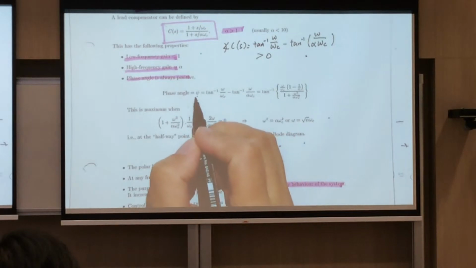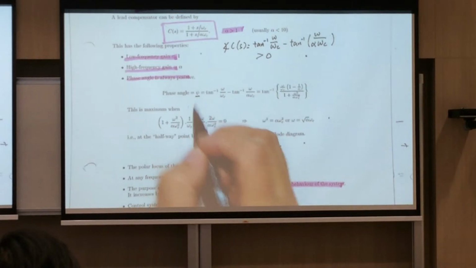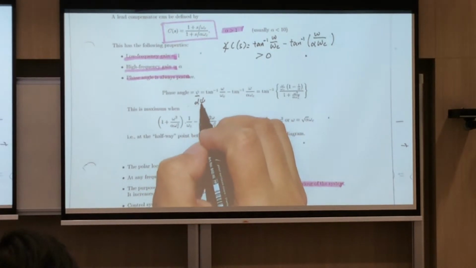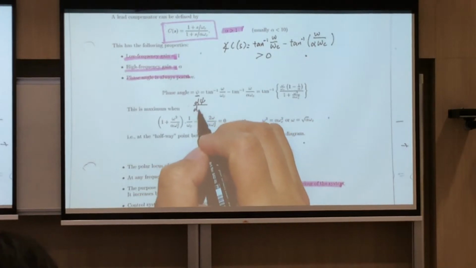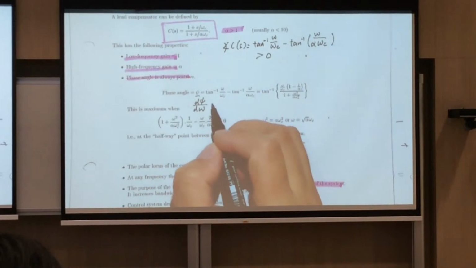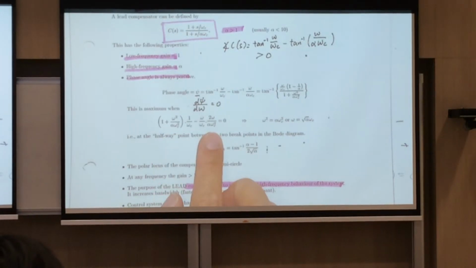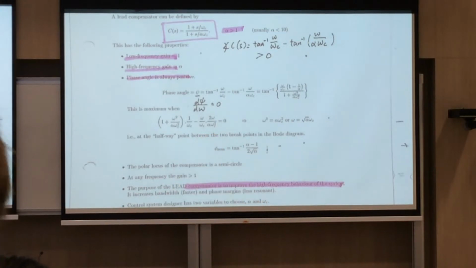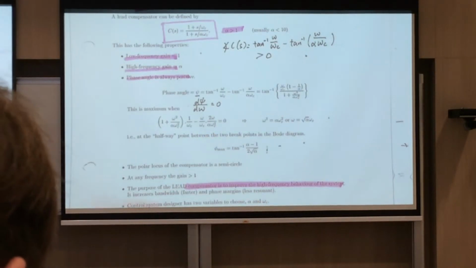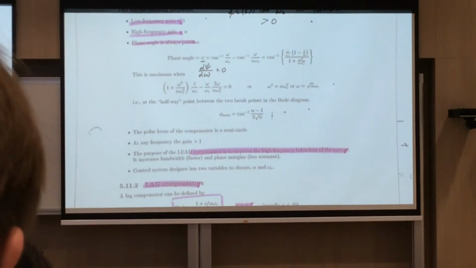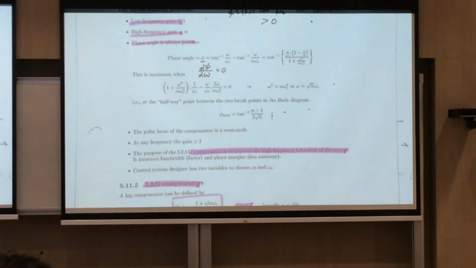So the derivative of the phase angle with respect to omega is set to 0. This is to find the turning point of the phase angle, like how I identify the turning point on a curve. And you can simplify that to this.